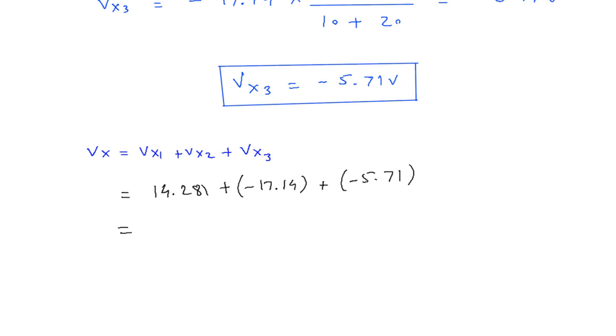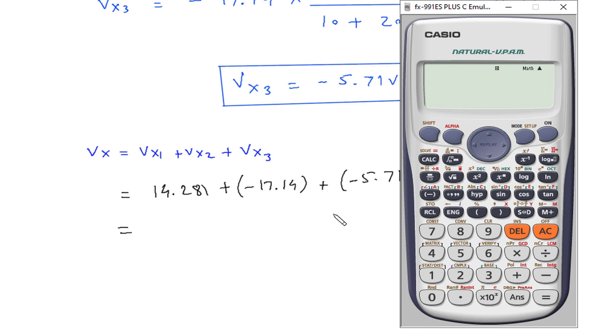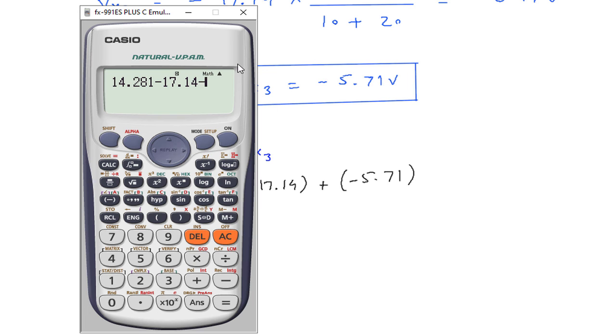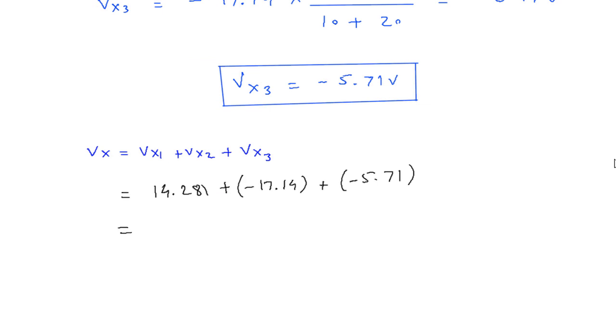So this will be 14.281 minus 17.14 minus 5.71. This will be minus 8.569. Minus 8.569 volt is the value of Vx.